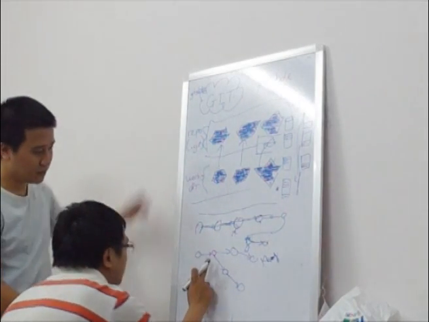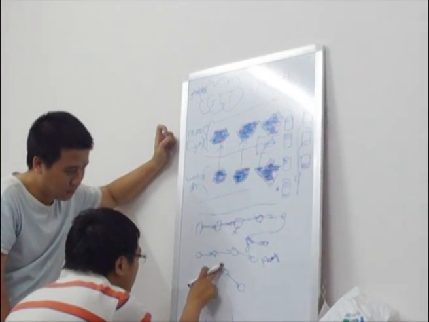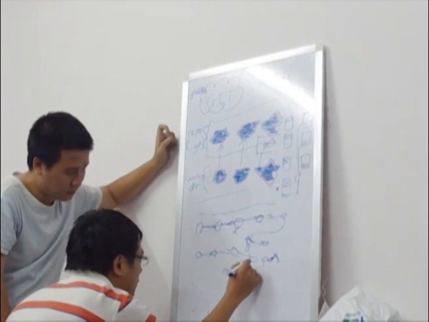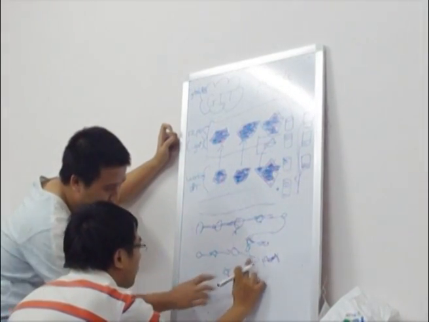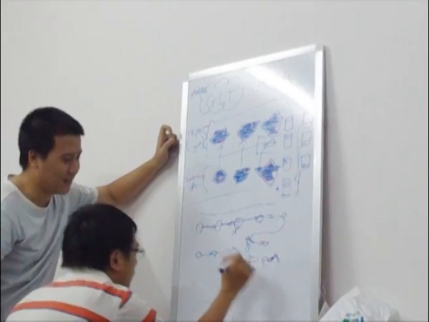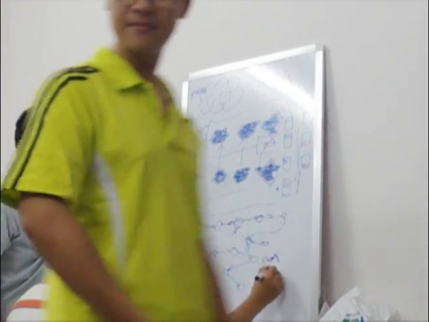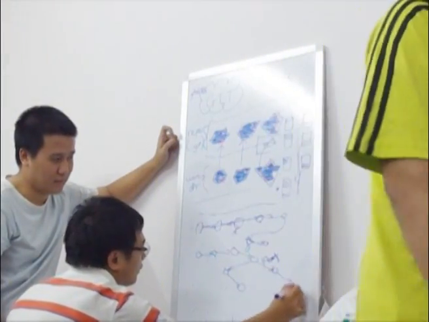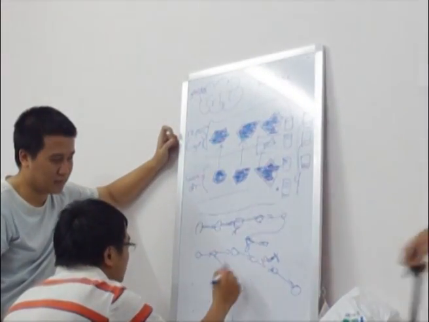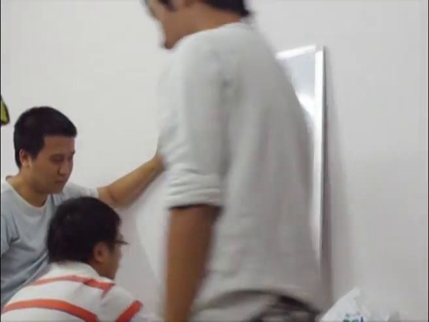How can I change this one from this to this? How can I make it from this to this?